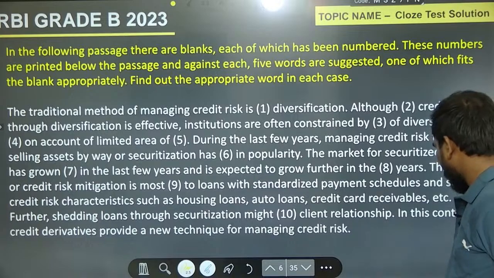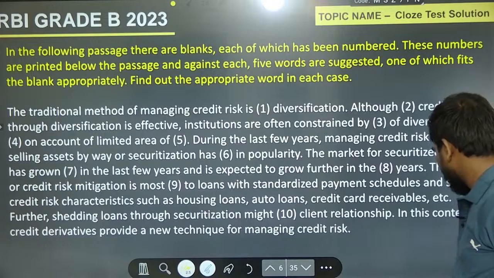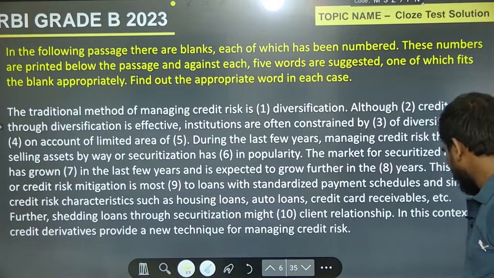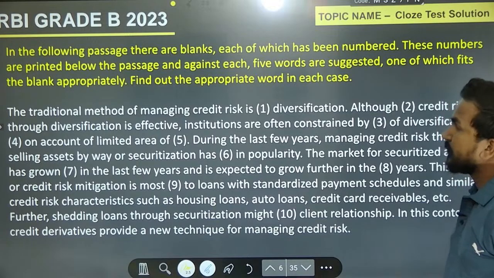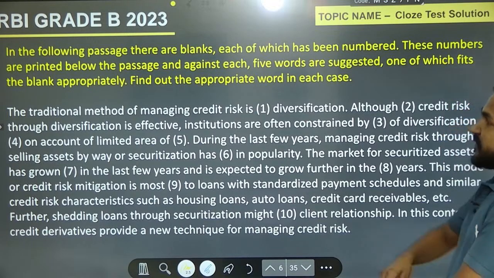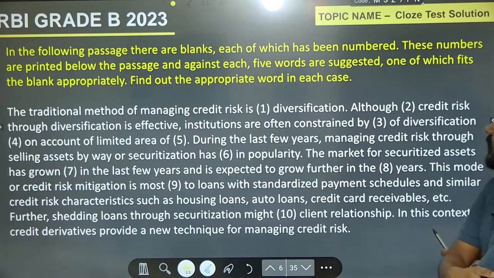And now we are going to have the practice. In the following passage, there are some blanks, each of which has been numbered. These numbers are printed below the passage, and against each, 5 words are suggested, one of which fits the blank appropriately.